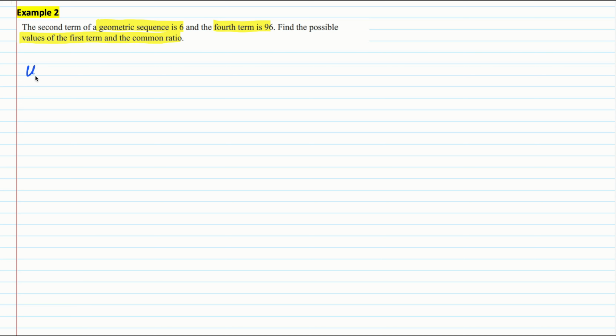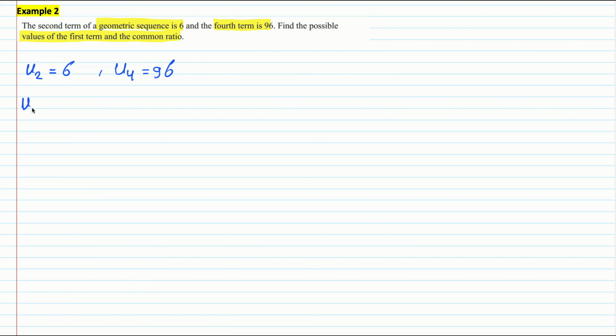So U2 equals 6 and U4 equals 96. U2 is U1 multiplied by R equals 6, and in the same way U4 equals U1 R power 3 equals 96.